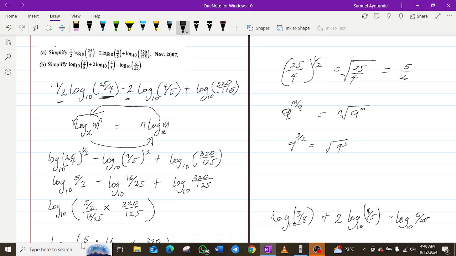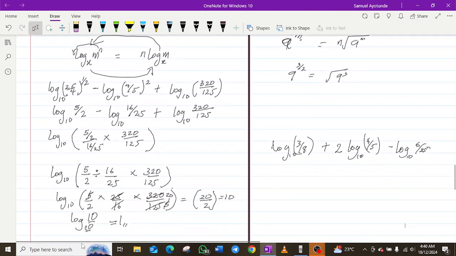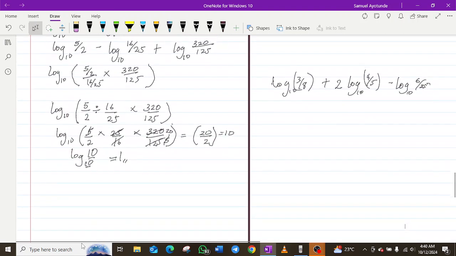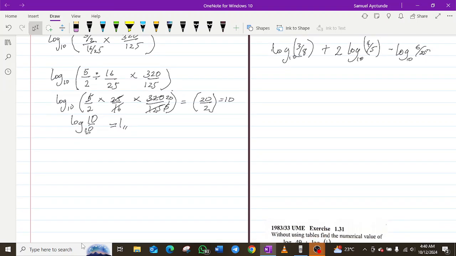This is kind of simpler compared to the one we just did, so we might not spend so much time on it. So log 3 over 8 base 10 plus 2 log 4 over 5 base 10 minus log 6 over 25 base 10.